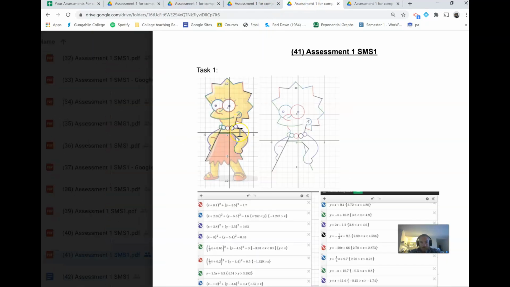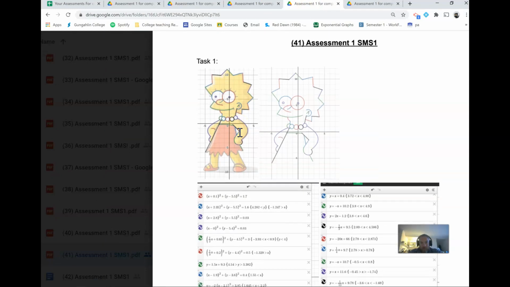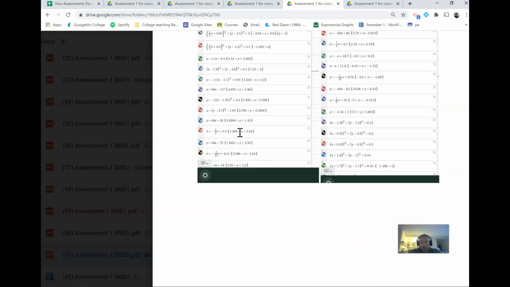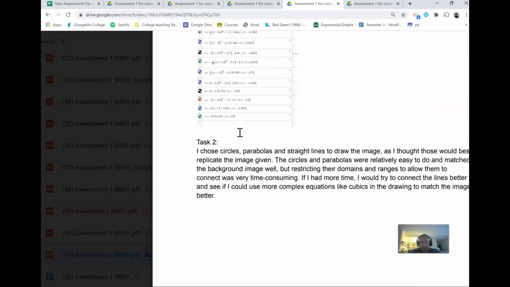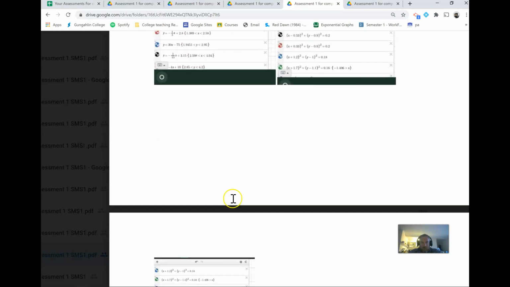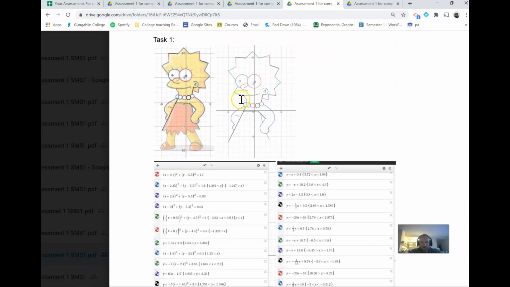Okay, now we've got Lisa. Again, this is very good. They've got a lot of equations down. I like that curved line for the dress on that side.